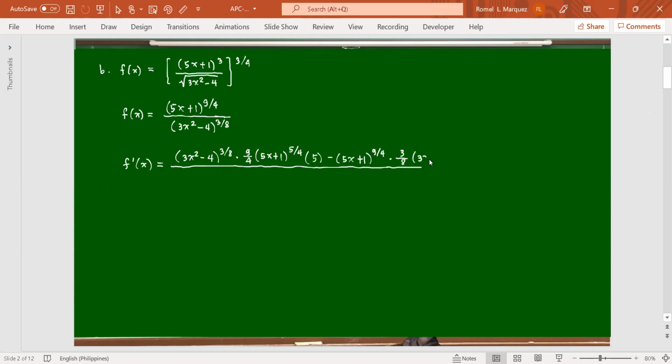Copy the base, subtract 1 from the exponent, so minus 8 over 8, negative 5 over 8. Am I correct, guys? Derivative of the base, 6x. Okay? All over the square of the denominator.